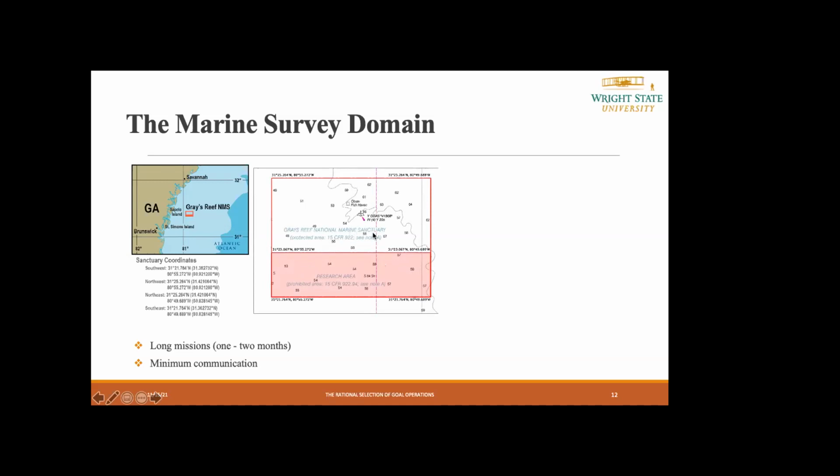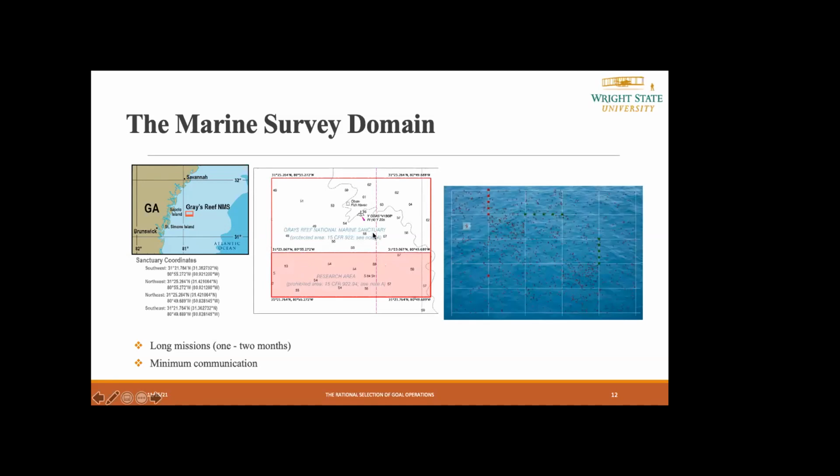So before working or deploying our algorithm onto the real robot, we used a Moose simulator to test our algorithms. So this is again the same area. We have divided the area into 25 equal regions, and we assumed the fish to be static at this point, and we have 1,000 fish in total.